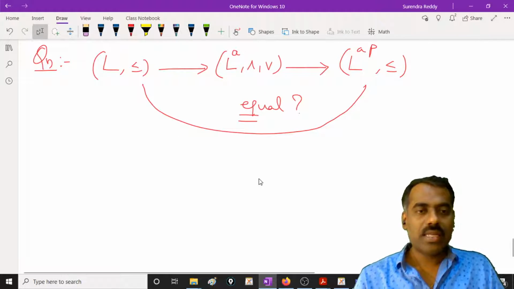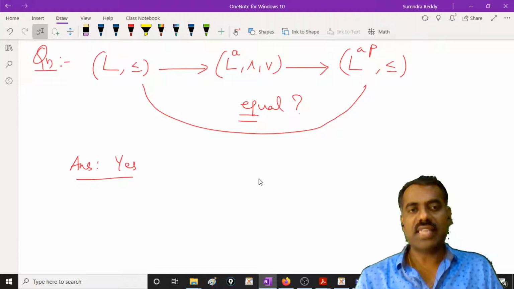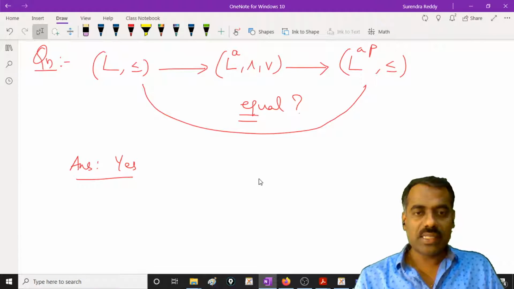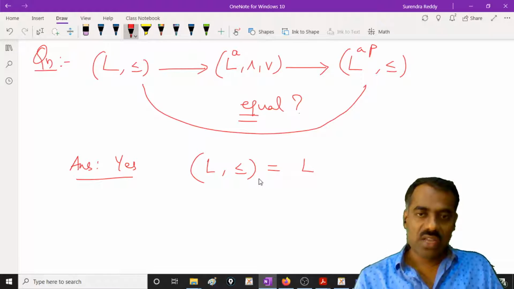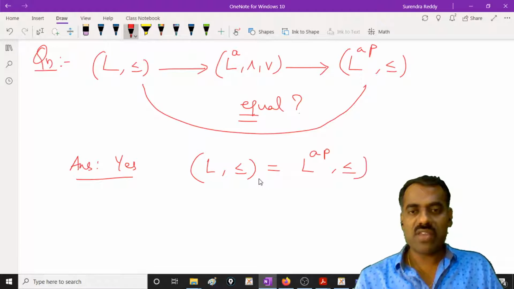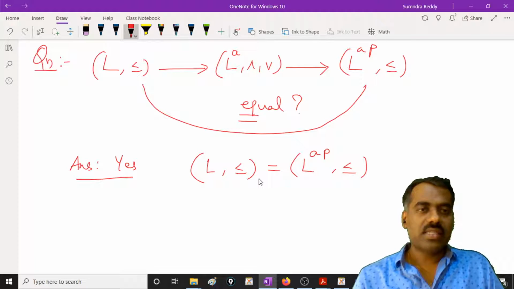The answer is yes, they are actually the same. So that means L together with this relation may be different from this relation, but we simply denote it like this. So from L you take the lattice algebra, then again apply the same, and whatever you get is the same. This is question number 1.